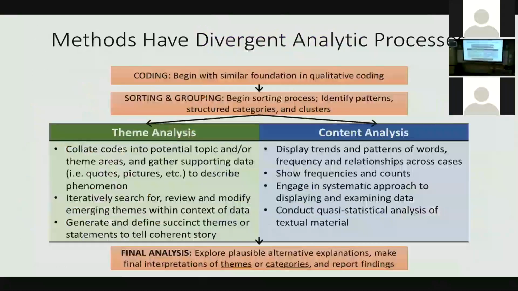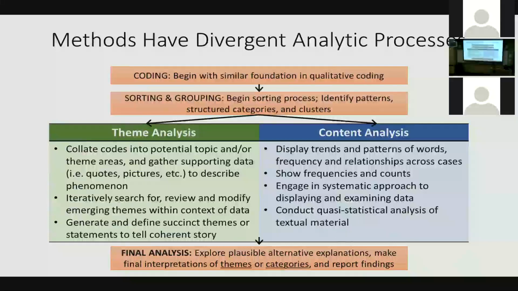The thing to think about here is that both of these, like I said earlier, start with coding, right? We still have to code the data. We still sort the data in some way, but in thematic analysis, we really develop themes. We gather data to support these ideas that we have that might explain a phenomenon that's occurring.